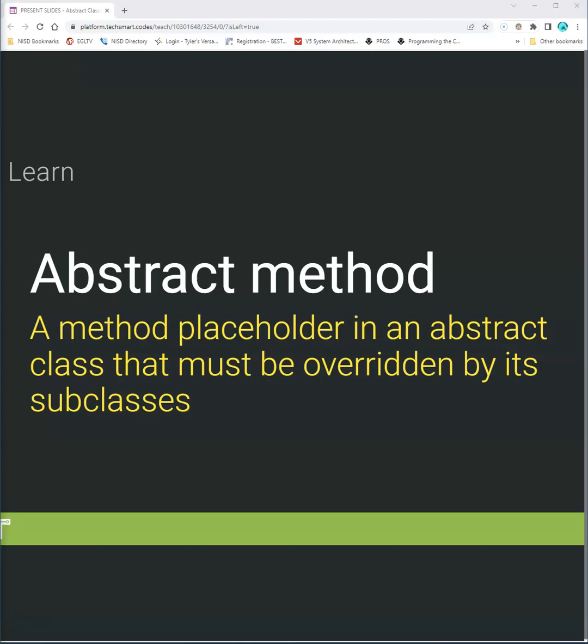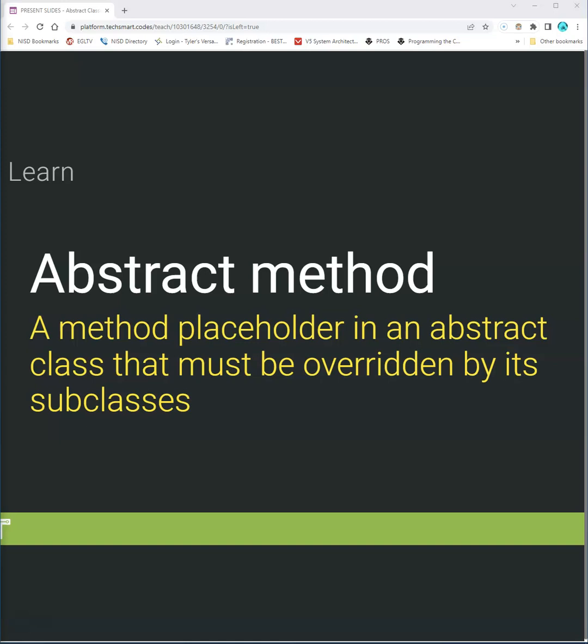In our example, we're going to make sure that all animals can eat. We're going to define the header for that eat method, but we're not going to tell the subclass how to eat. We're just stating that the subclass has to define that in its own class.